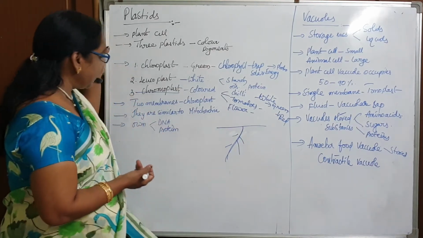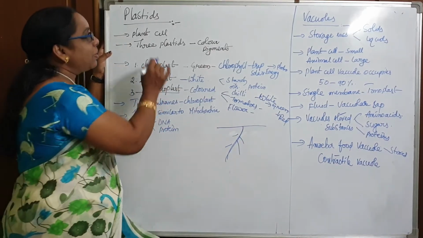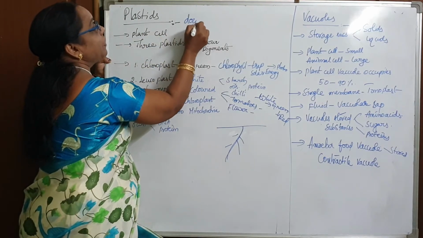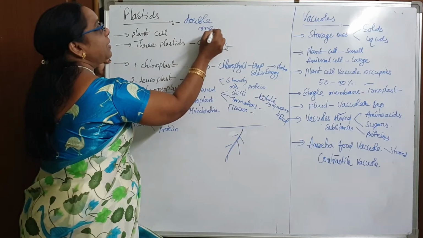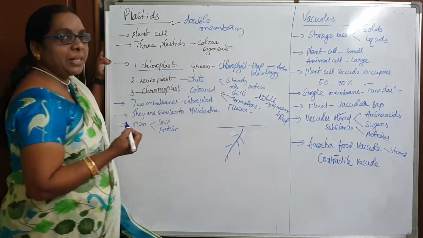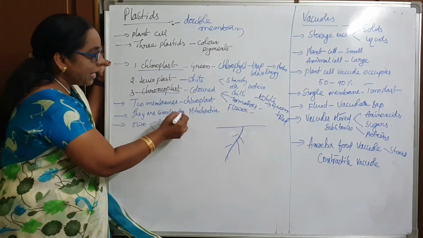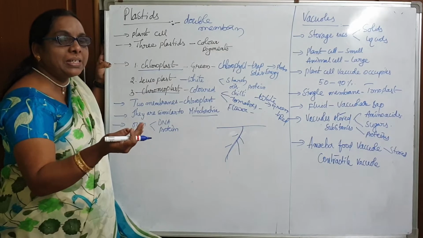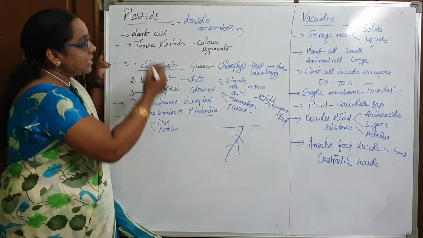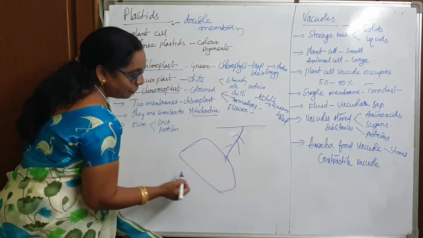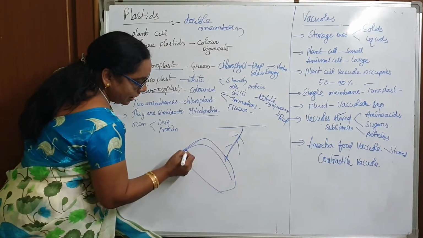Okay, so clear? Yes. So these plastids are also double membrane structures. Especially the chloroplast has two membranes, just similar to mitochondria. How the mitochondria has two membranes, an outer and an inner, the chloroplast also has a similar structure. Inside are structures called thylakoid membranes.